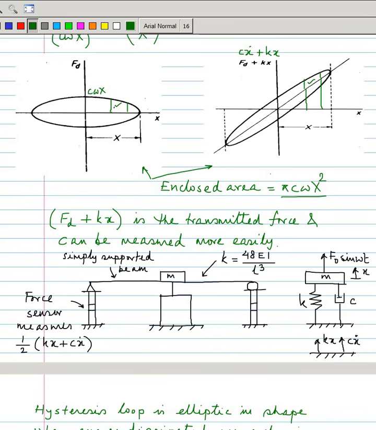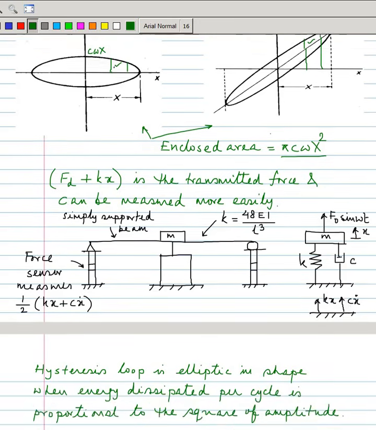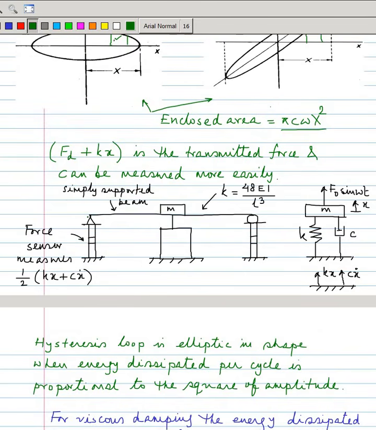Here you can think of an experiment like this, where this is a simply supported beam of negligible mass, and at the center you put a mass m. The two supports you put on a bar with a force sensor inside, so that you can measure the support force when you excite this mass by an exciter.